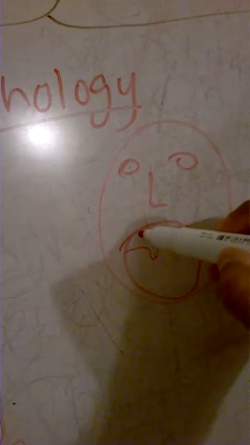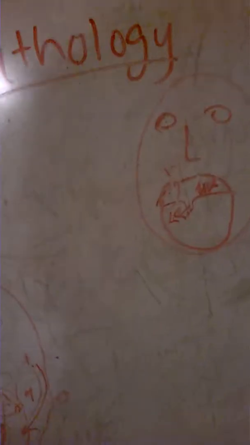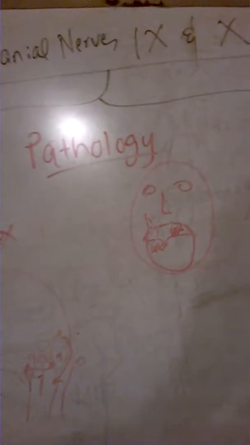So what's gonna happen? When you tell the patient to say ah, this palate is gonna elevate, and these muscles are gonna constrict, these muscles are gonna remain flaccid, and the uvula is gonna point towards which side? Away from this side, like this. Once the palate elevates, the uvula will point away from the affected side.